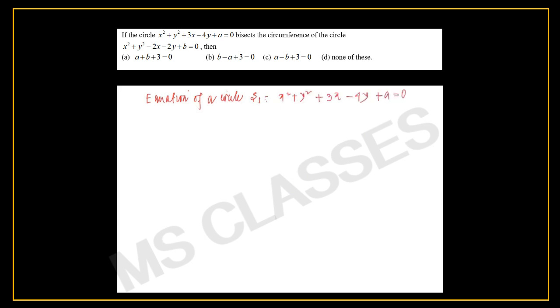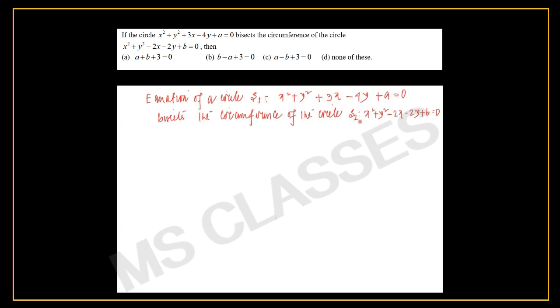Now this one bisects the circumference of the circle S2. Now what is S2 here? It is x square plus y square minus 2x minus 2y plus b equal to 0. Now this circle bisects the circumference of this circle.